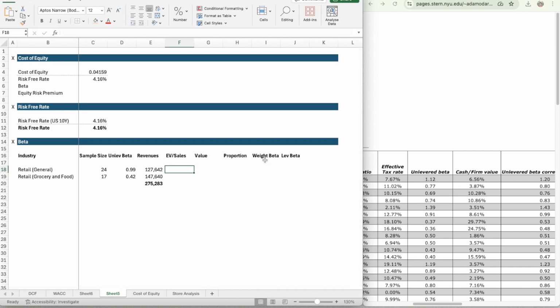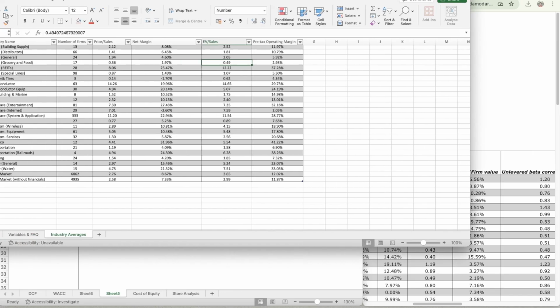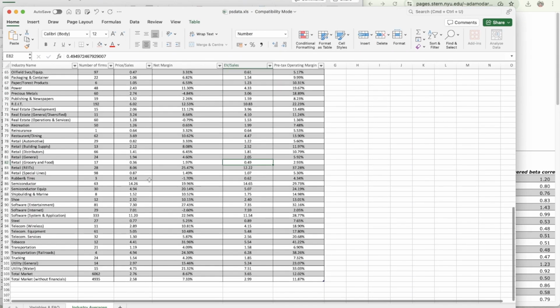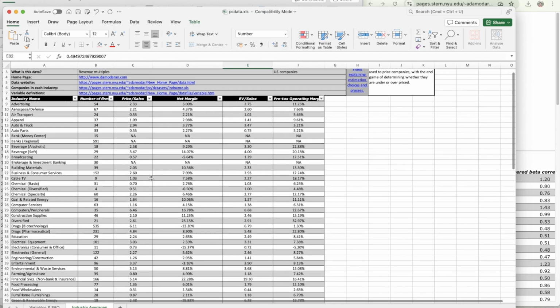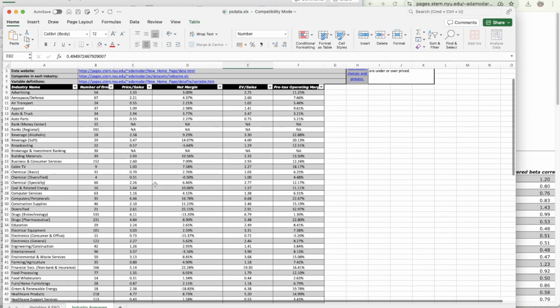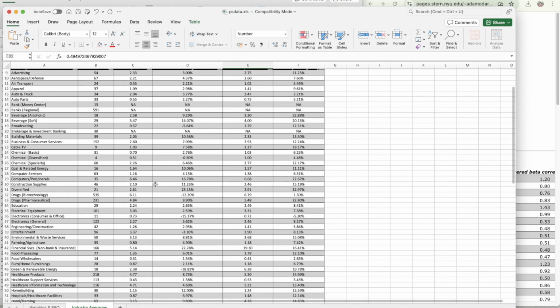The next thing we want to do is go to the EV to sales and work out what the value of each of these segments for the company are. And to do that, again, we go to this spreadsheet here. These are all on Professor Damodaran's website. You can download his data for free, and he updates them.